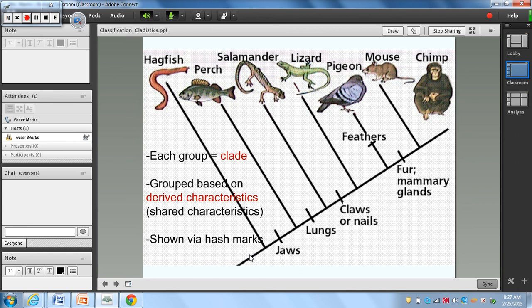A lizard has jaws, they have lungs, they have claws or nails, and that brings us to the lizard. So they do not have feathers, which I would hope you would know, fur, or mammary glands. So you can see how this cladogram can organize the relationships between organisms based on their shared characteristics.